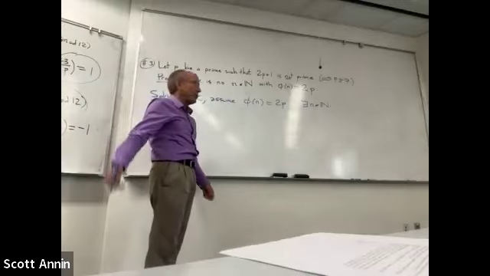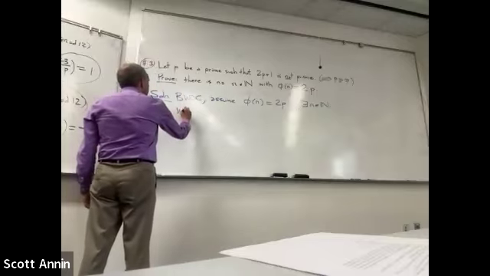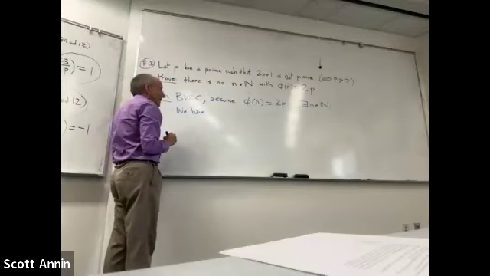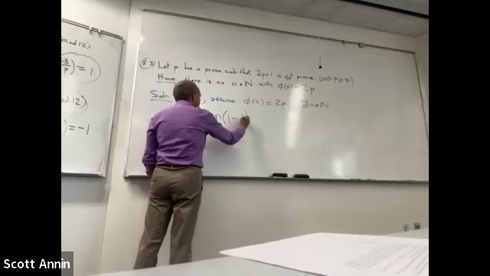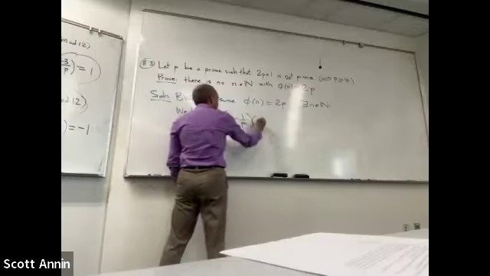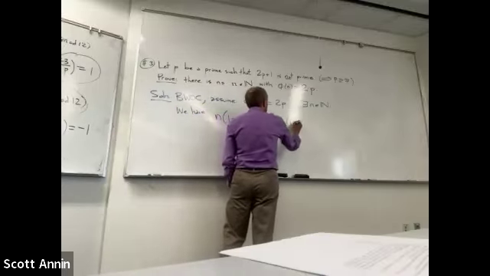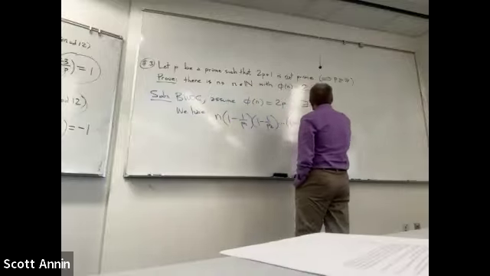And then I think what Weston's suggesting is that we use the formula for phi of n right away. So then we have, let's see, the formula for phi of n is n times 1 minus 1 over p1 times 1 minus 1 over p2, dot, dot, dot, up to 1 minus 1 over pr. And this would equal 2p.